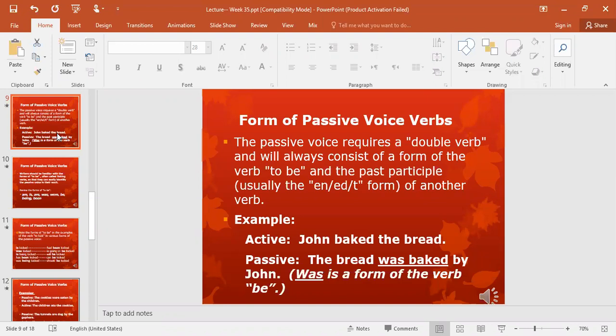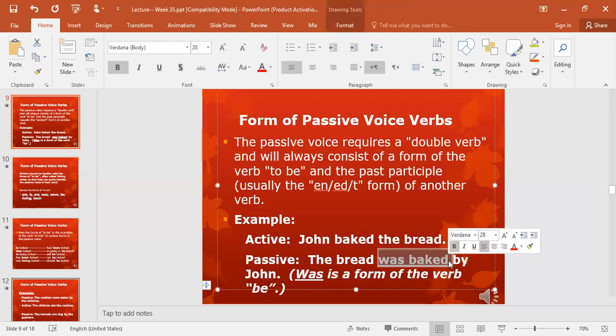Look at the example. John baked the bread. Okay, if I want to change this to the passive voice, the bread was baked by John, right? The one underlined is the passive voice verb.